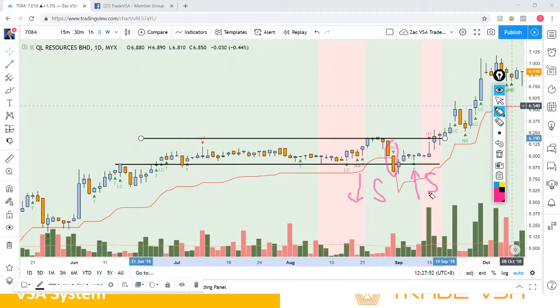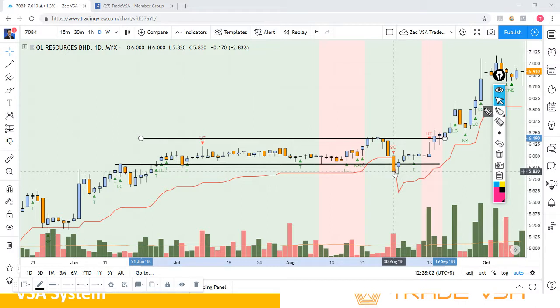And why I say this is a strength, because this is like a spring bar for me. Why is this a spring bar? Because sometimes when smart money buys or washes, it will take 2 days to complete the action. So assuming this is the first day you want to wash out the weak holders.